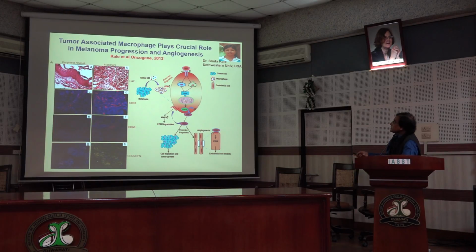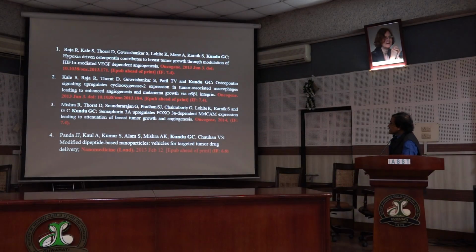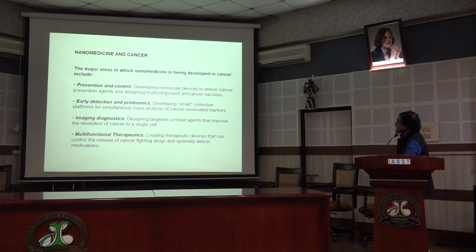In some patient samples of malignant melanoma, she found infiltration of macrophages to the site of the melanoma, which she proved by the macrophage specific marker CD68, and co-localization of osteopontin with it. There was also more angiogenesis, as CD31 is an angiogenesis specific marker. With this series we also had a series of papers in Oncogene and others.